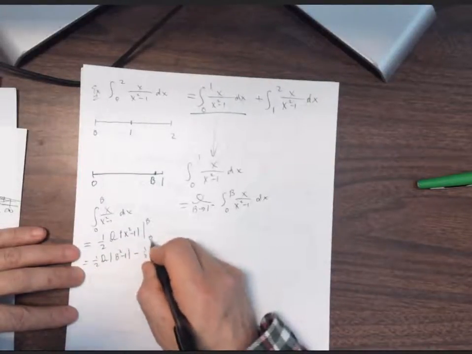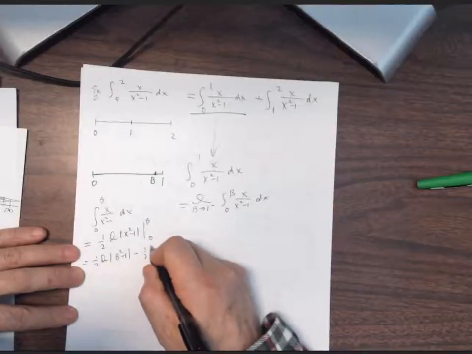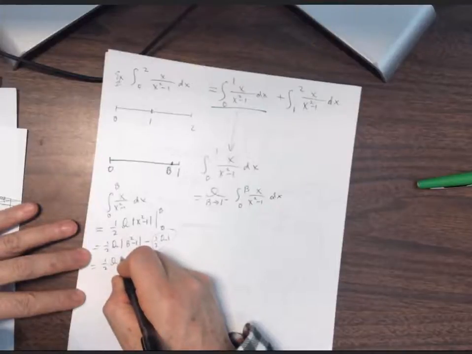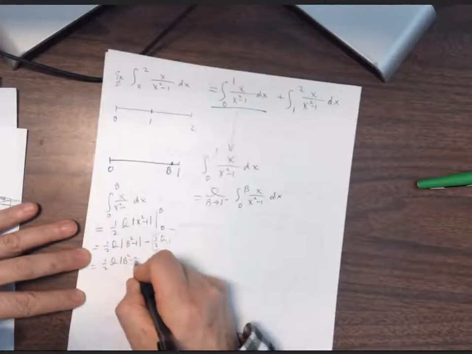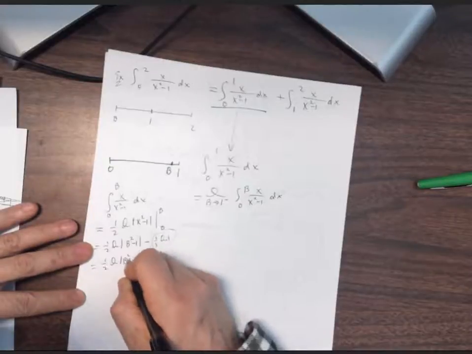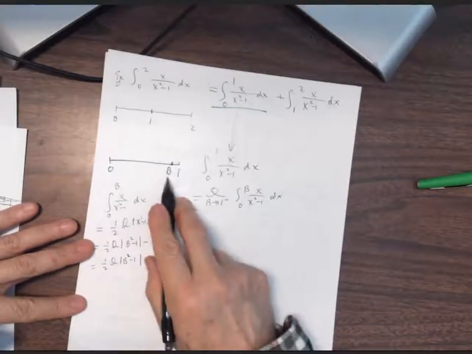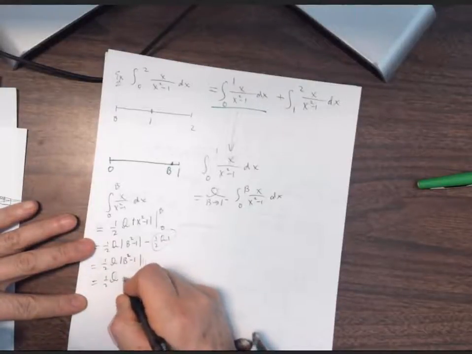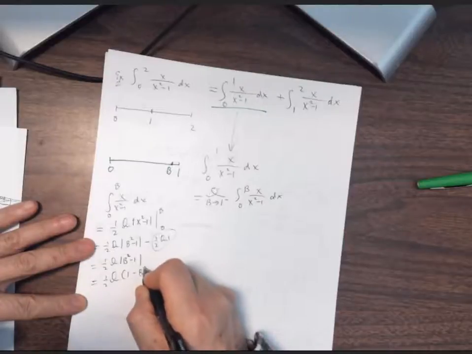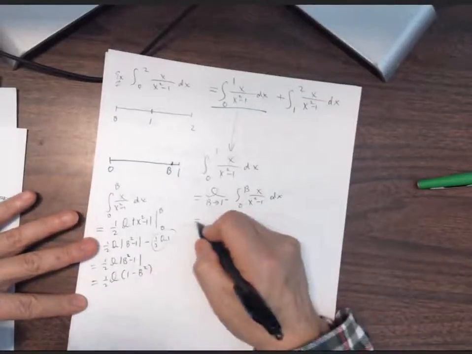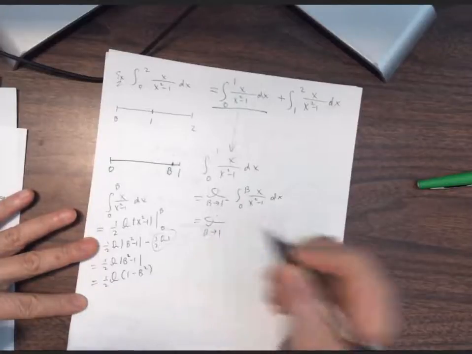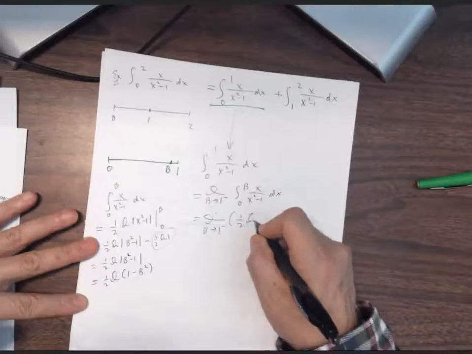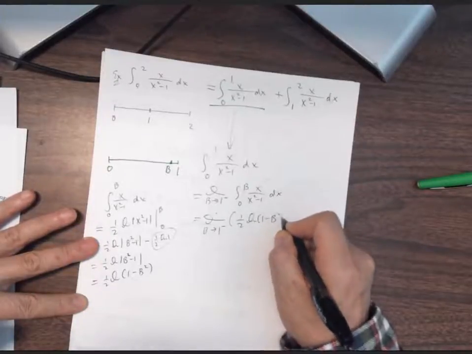The 0 plugged in is 1, that's 0, so it becomes 1/2 log of the absolute value of b squared minus 1. Actually, we know b is less than 1, so we can get rid of the absolute value. It's 1 minus b squared. So the integral is 1/2 log of 1 minus b squared.